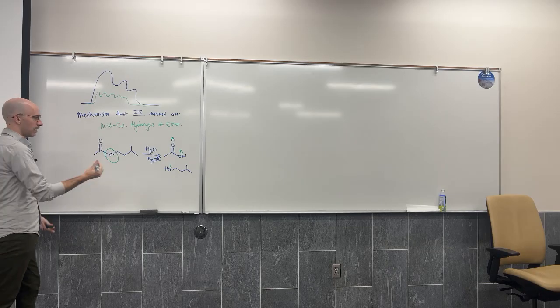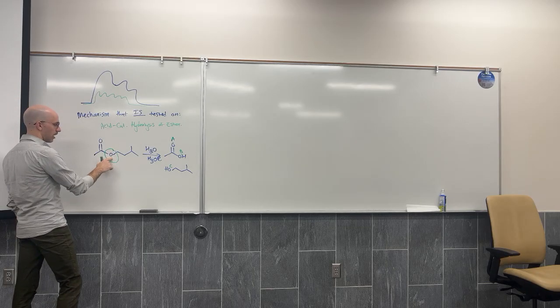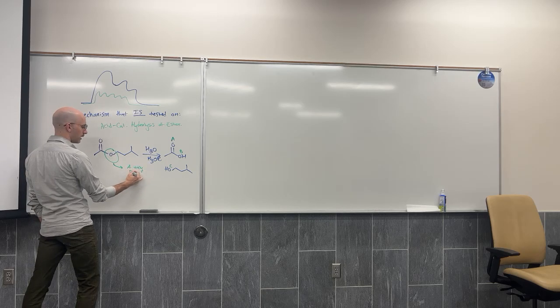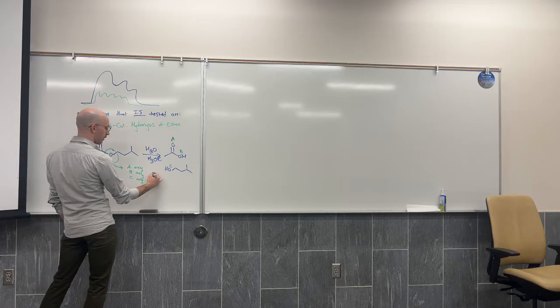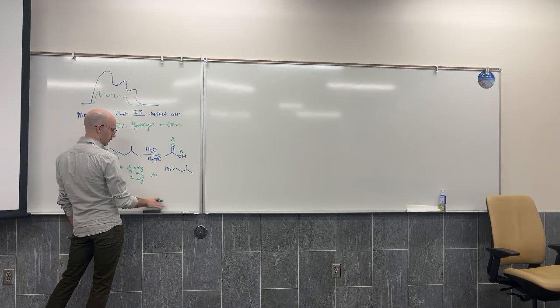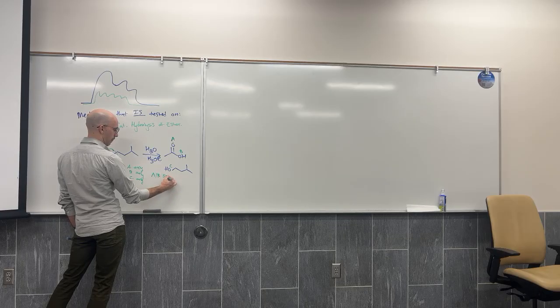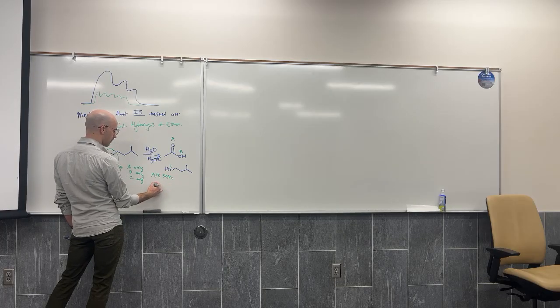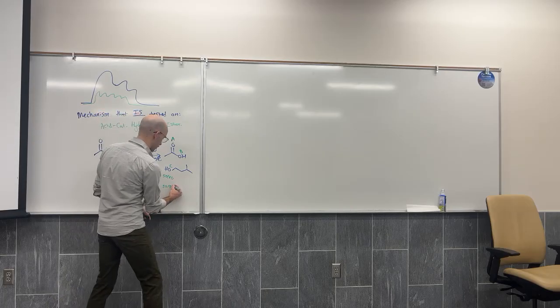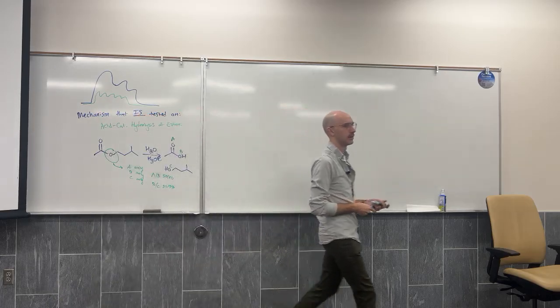We could say one option is this oxygen becomes A only, B only, C only. We could have an option where it's AB 50-50, or where it's BC 50-50. Those are the 5 options I'll give you.